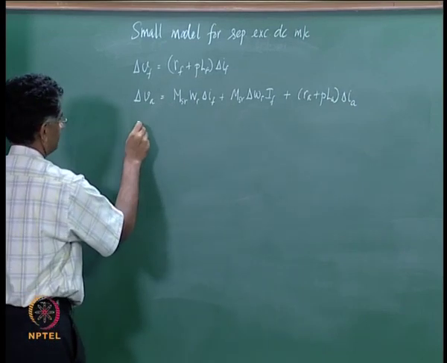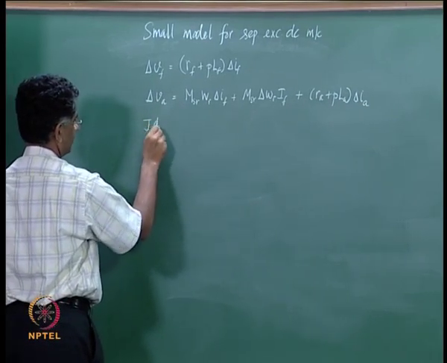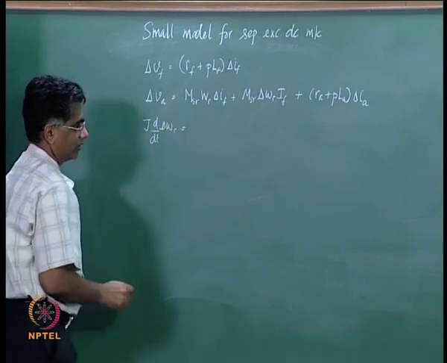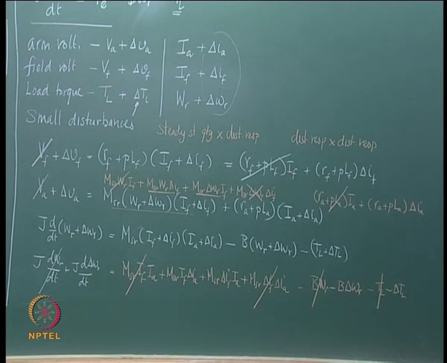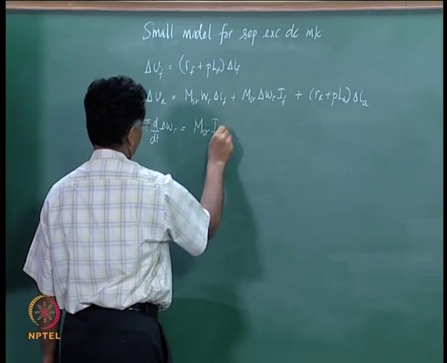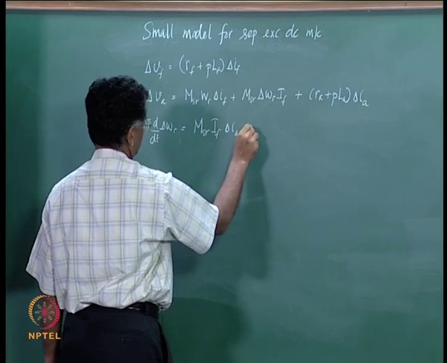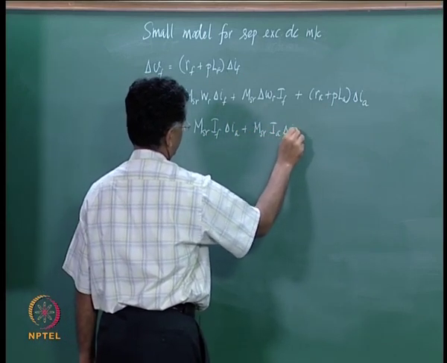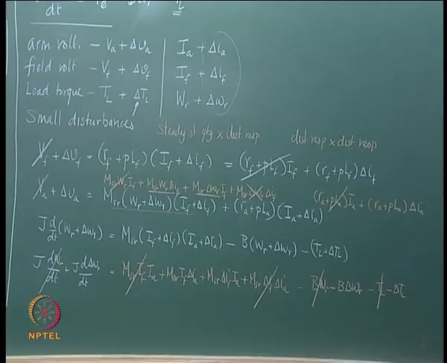And then you have J d by dt of delta omega r equal to MSR into If into delta Ia plus MSR into Ia delta If, and then minus B delta omega r minus delta T.